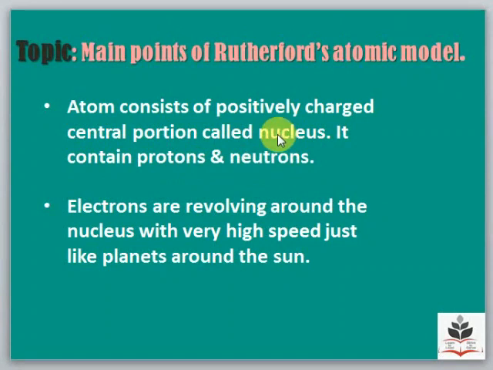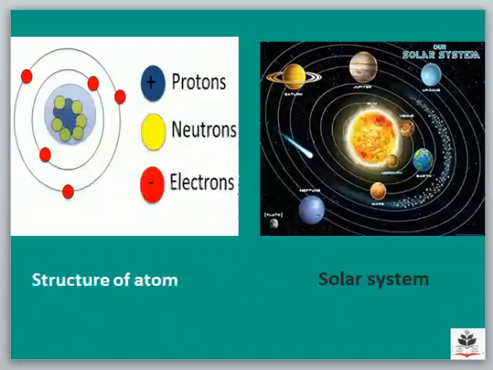The second point is electrons are revolving around the nucleus with very high speed, just like planets around the sun. Like electrons are moving around the nucleus the same way as planets are moving around the sun. Let me explain it by these pictures. This is the structure of atom proposed by Rutherford, and this is the solar system.